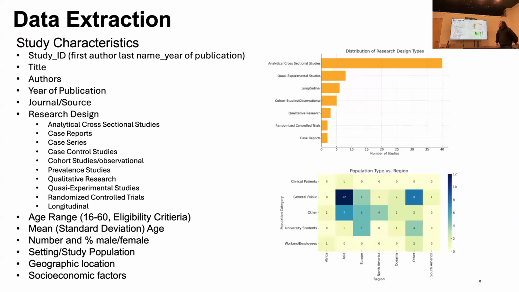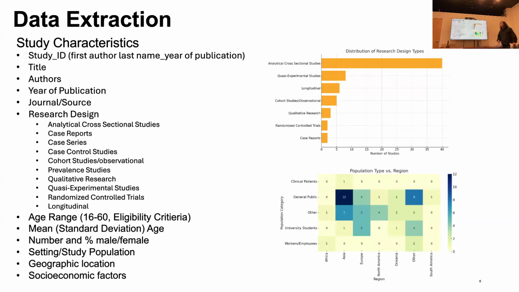The first part focuses on study characteristics. We focus on the research design, age, the number of females and males, the settings, study population, geolocation, and socio-economic factors.